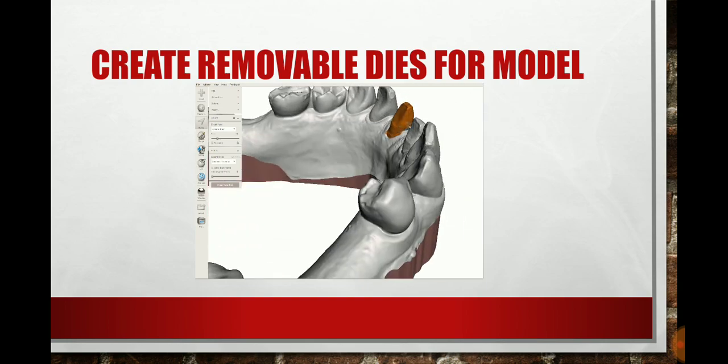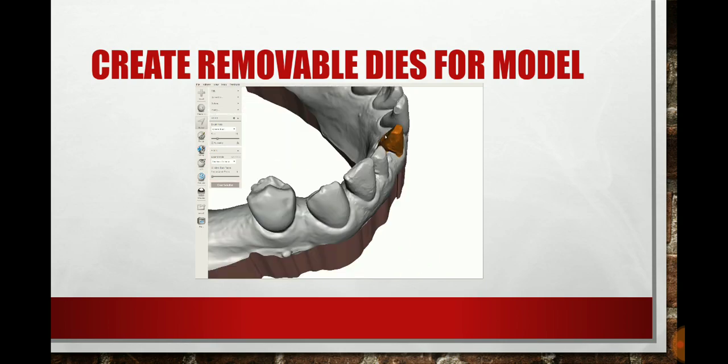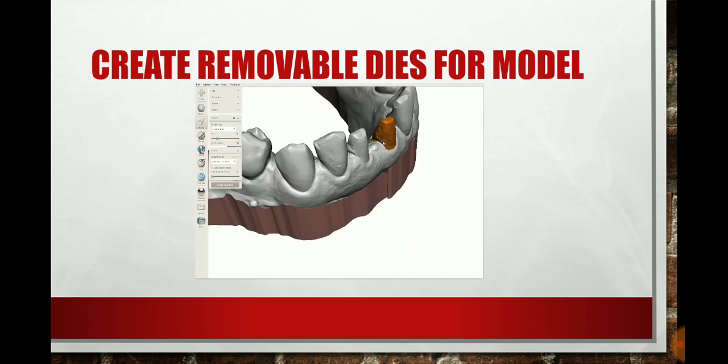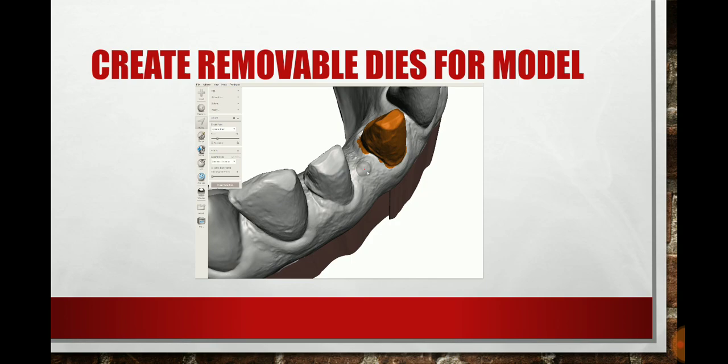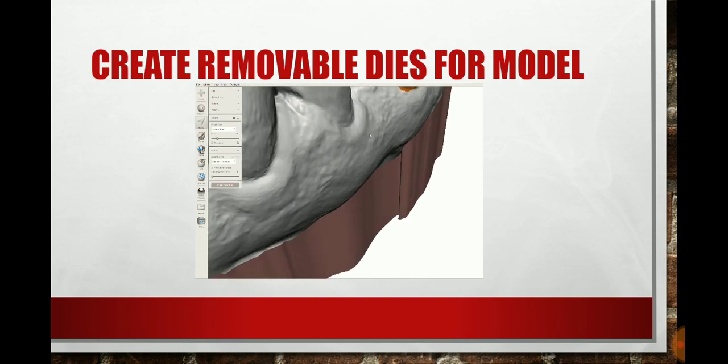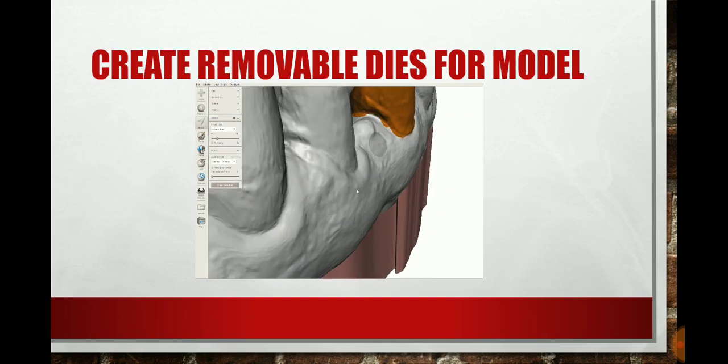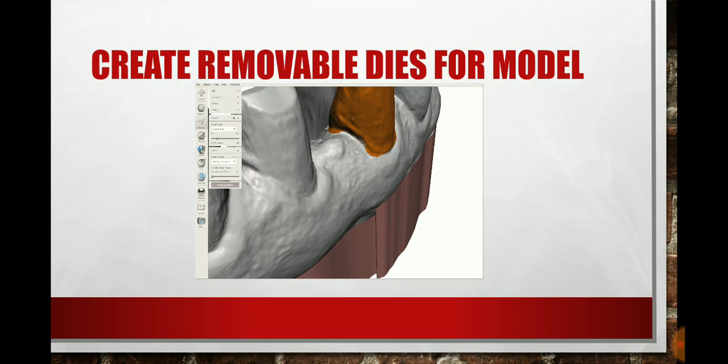Okay, and then after that, you go around, you clean it up. When you're using the select tool, you're using the left mouse click button to do it. And then if you need to take away, you hit control and then use that same mouse click button and drag it around, and that'll take away some of those little extra areas, as you're seeing right here.